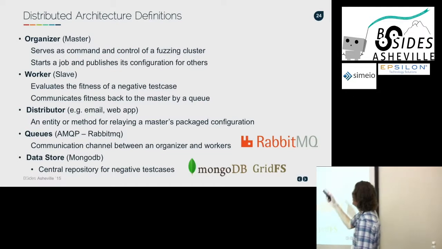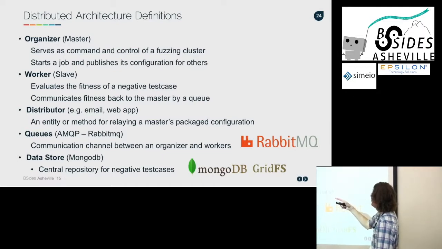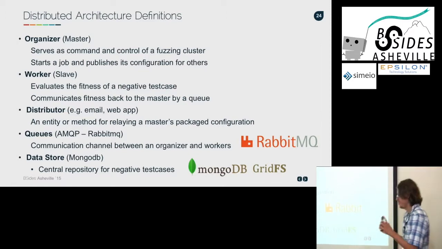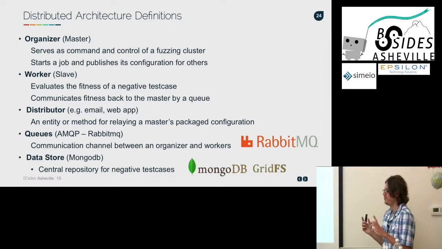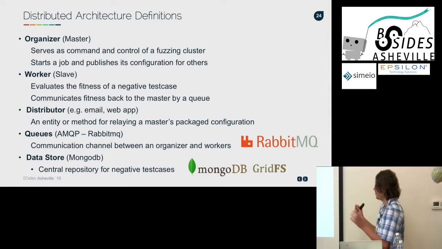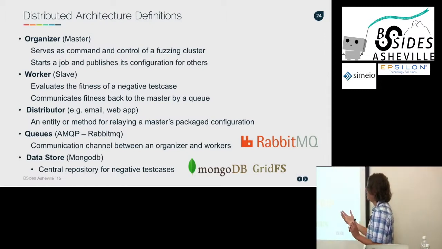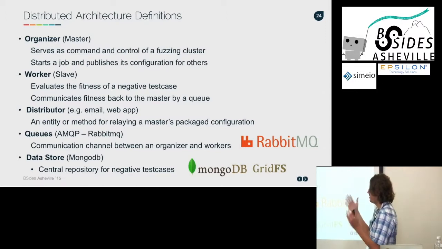So we talked about organizers, we talked about workers. Distributor, in the proof of concept code that I did, basically the fuzzer is configured through a YAML file that tells it how to execute the program and where the program should live and what operating system it is and a couple other niceties. You can tar that thing up, shoot it over through email to somebody or put it up on a website and let them pull it down.